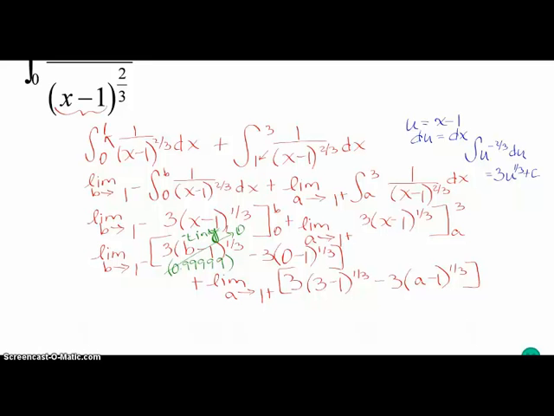Here, we have negative 1 to the 1/3. That's a negative 1. So this is negative 3 times negative 1. So there's the first part, the limit as b approaches 1 from the left. Here, we have plus 3 times 2 to the 1/3. And here, we're plugging in 1.000 and a trillion zeros and 1.